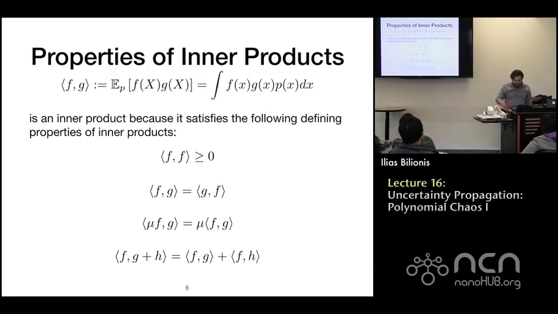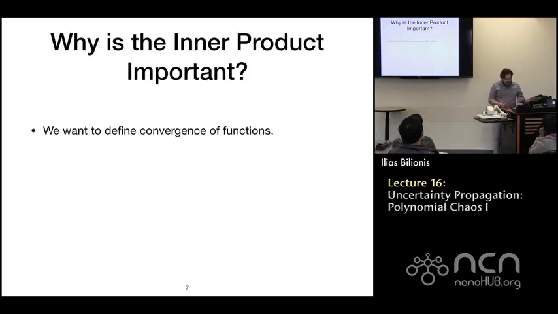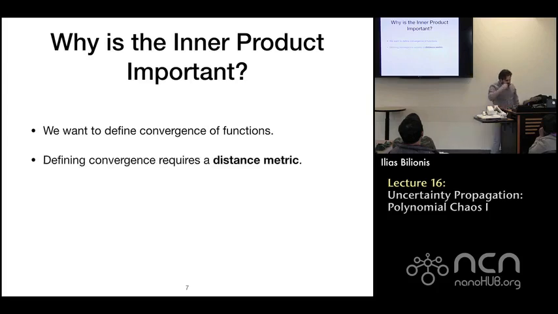Okay. So, if you have a vector space with an inner product, then you call it an inner product space. And why is an inner product space important? Well, if you want to define convergence of functions, you can do it using the dot product. Because convergence requires the definition of a metric, and if you have a dot product, you can get a metric.